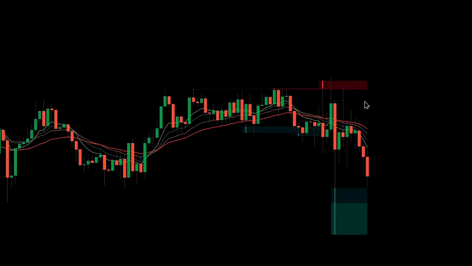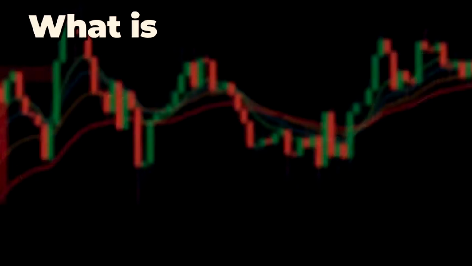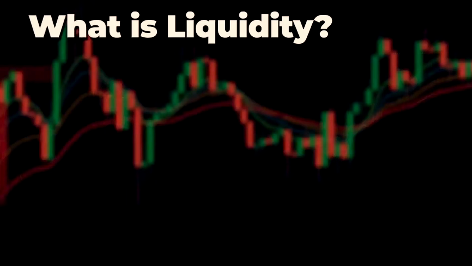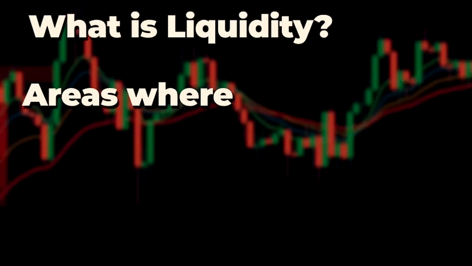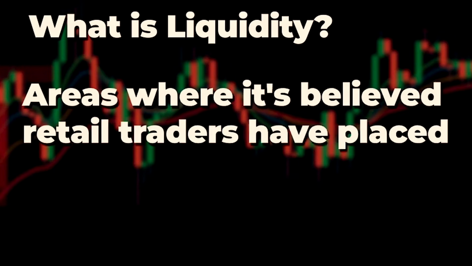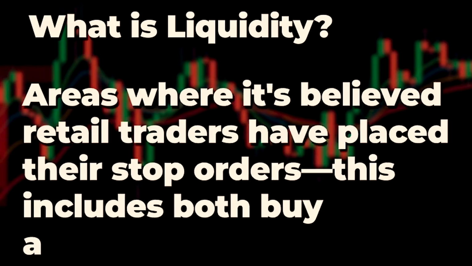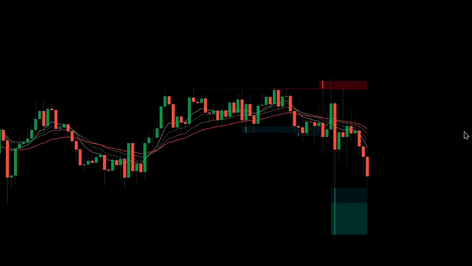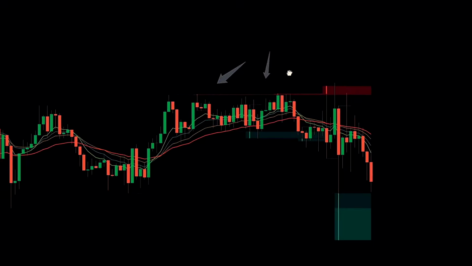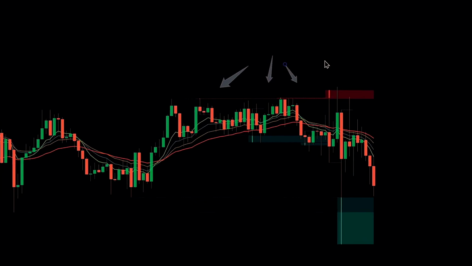Now back to liquidity itself. In trading, liquidity refers to areas where many retail traders have placed their stop losses, both buy and sell stops. Buy-side liquidity forms where traders have placed numerous buy stop orders, typically around the swing high.